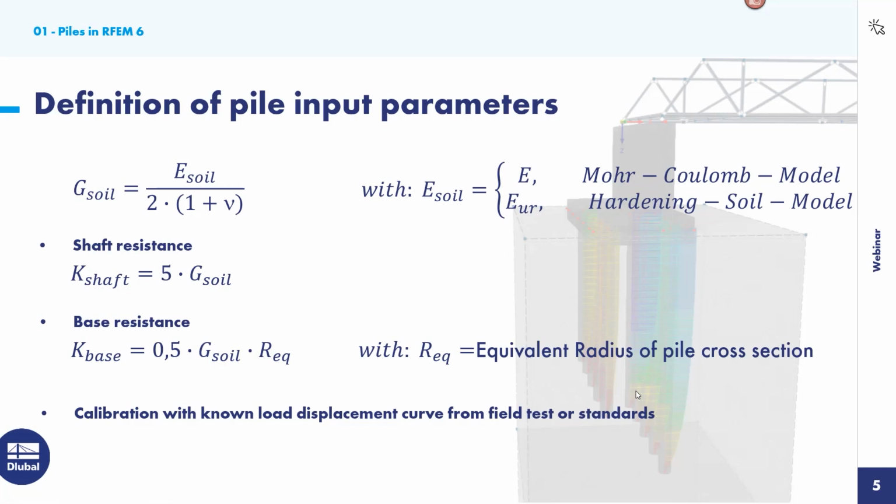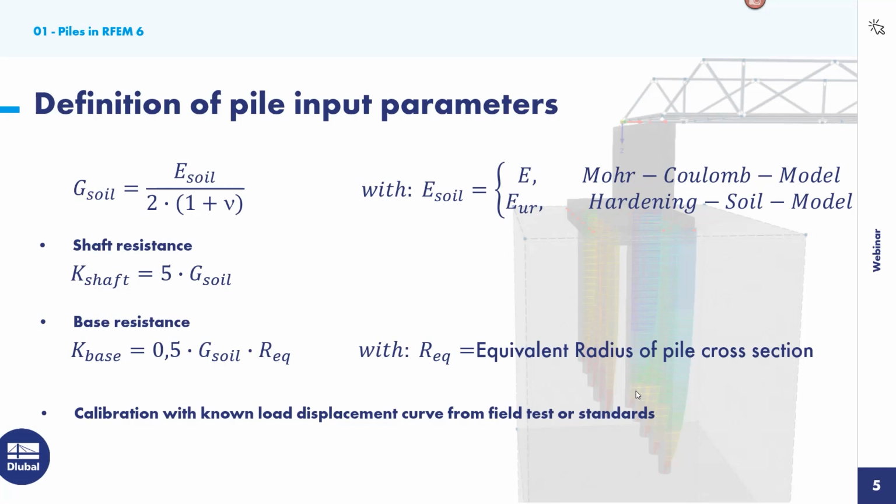You can take the E modulus from the surrounding soil. This means for the Mohr-Coulomb model, you would take the primary loading E modulus, and if it is the hardening soil model, you would use the unloading and reloading E modulus, EUR.